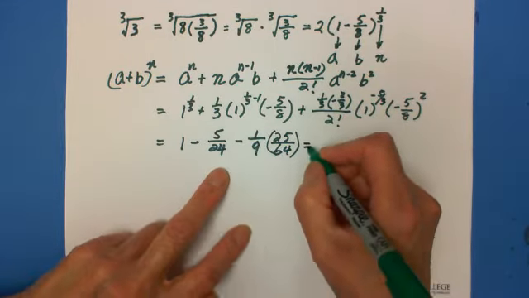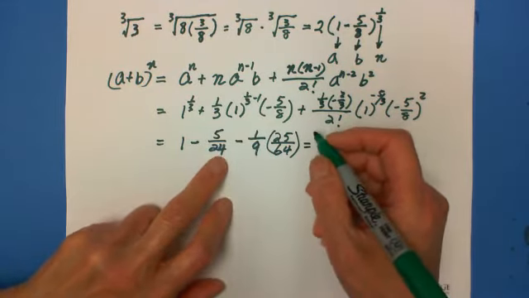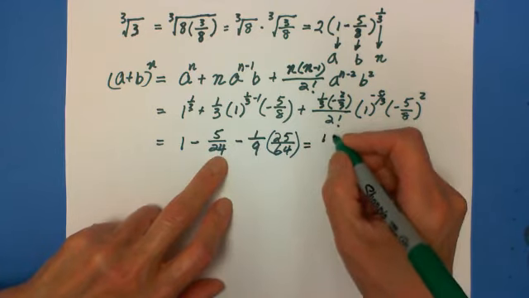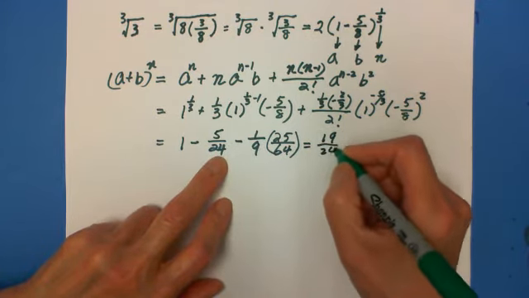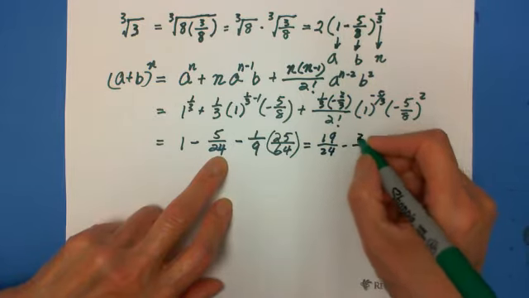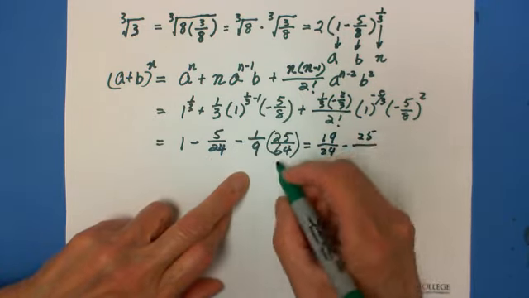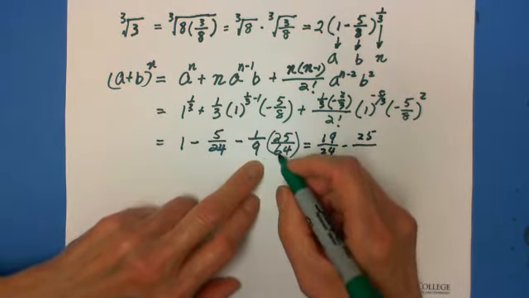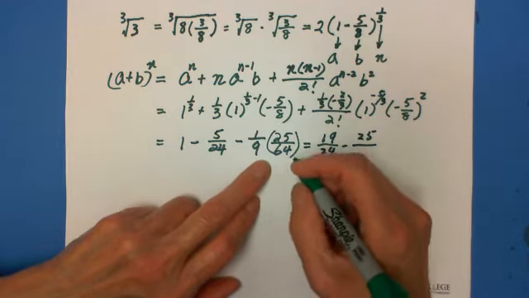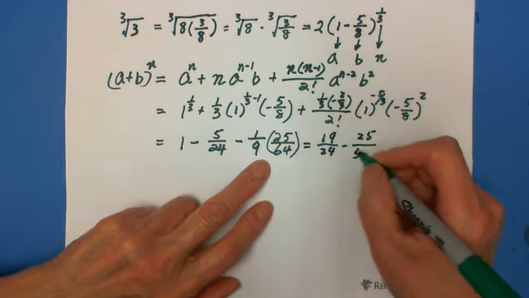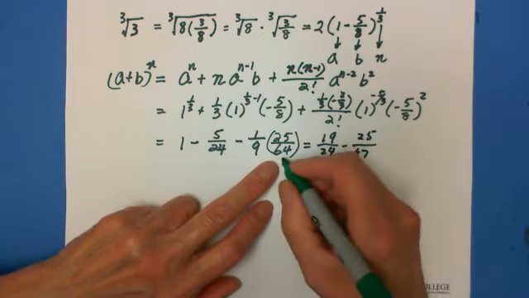So the answer is 1 minus 5 over 24, which is 19 over 24, minus 25 over 64 multiplied by 9. 6 times 9 is 54, carry 3, giving 576.